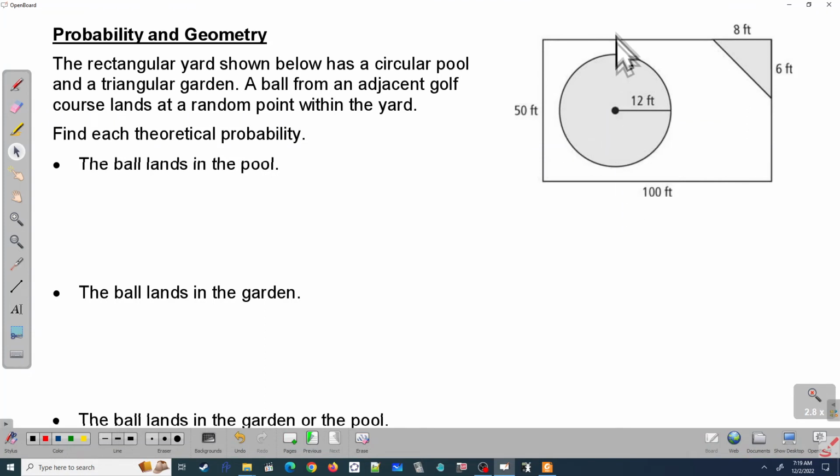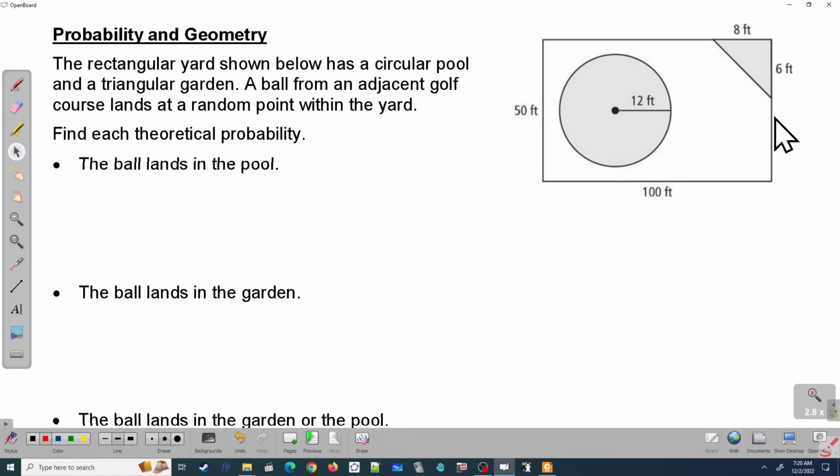And if this is 50 feet, that definitely does not look like 24 out of 50. And then we're also going to have a triangular garden over here, and if this is supposed to represent 50, there's no way 6 feet comes almost to the halfway point. So again, phrase diagram not drawn to scale totally applies here.